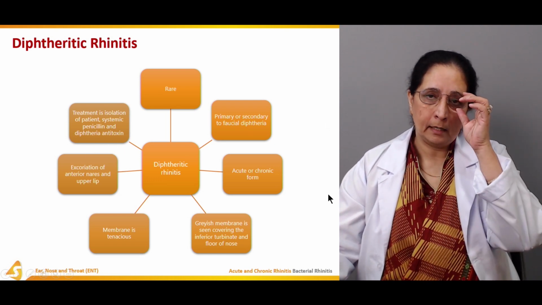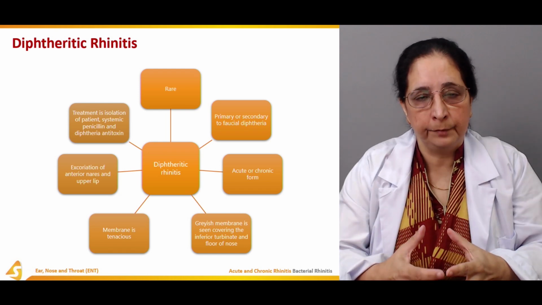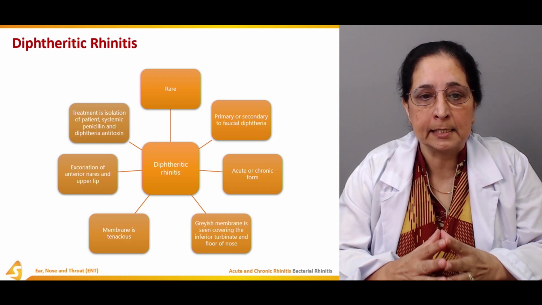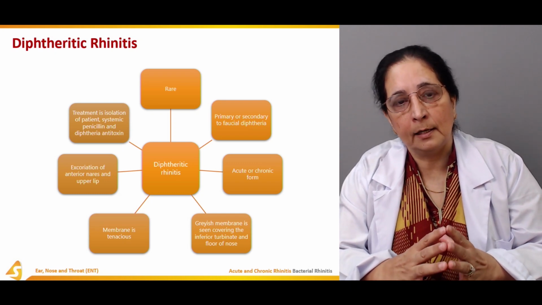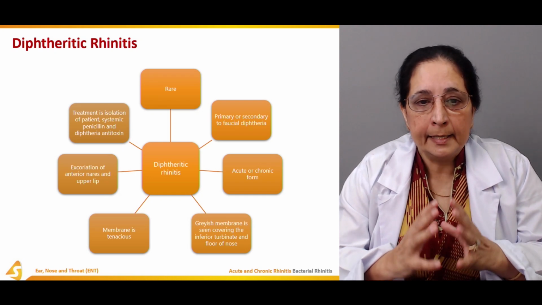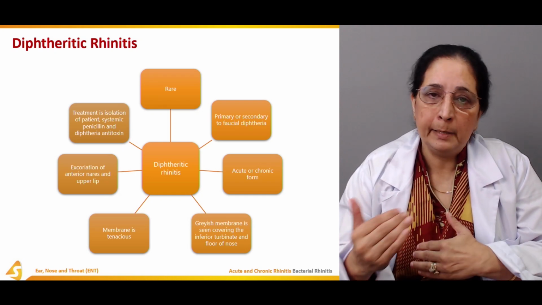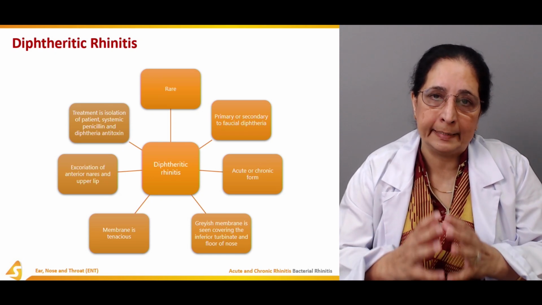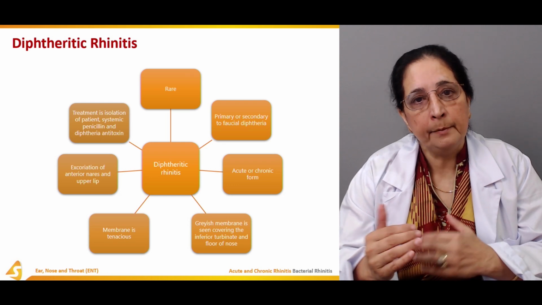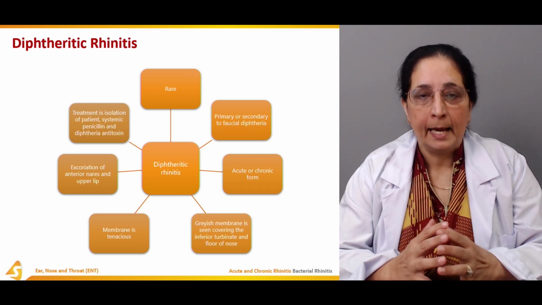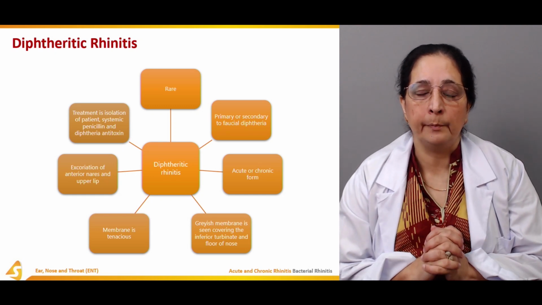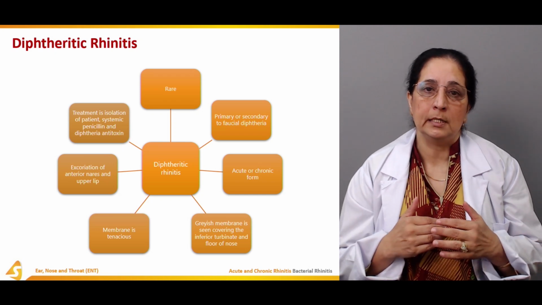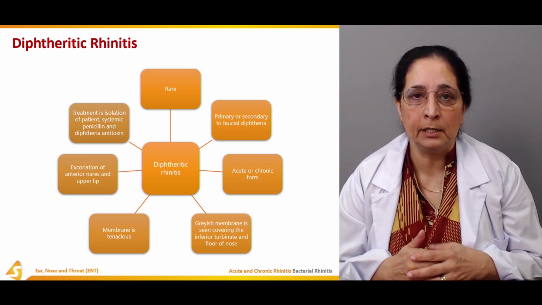So all these are the different forms and features of diphtheritic rhinitis caused by diphtheria, and it is rare. It can be primary or secondary, acute or chronic, and in this also there is formation of a grayish-white membrane in the nose, as in primary bacterial infection.